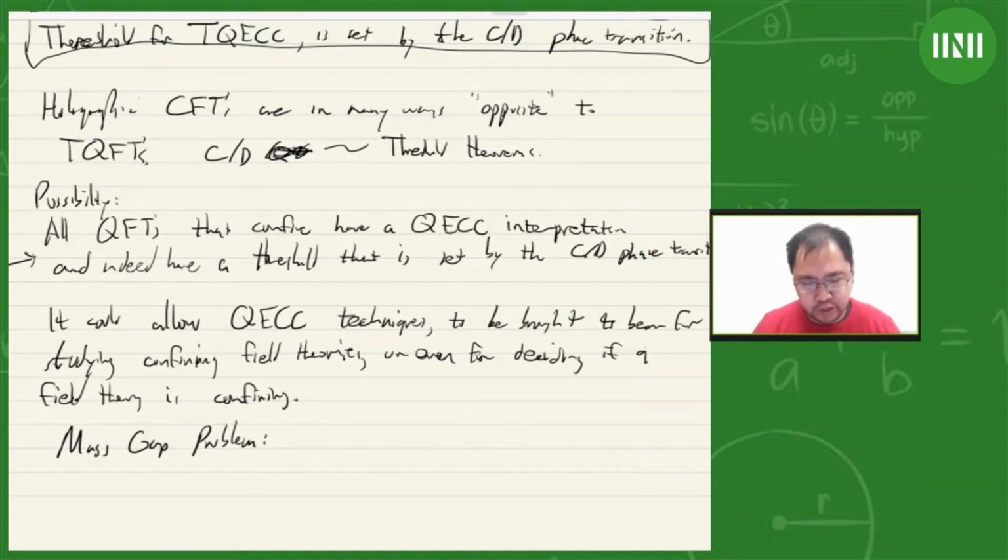And the amount of error you need to accumulate is what sets the mass gap. That could be a way of thinking about this using quantum error correction language. So as you can see, this is a direction that is potentially very interesting to look at.